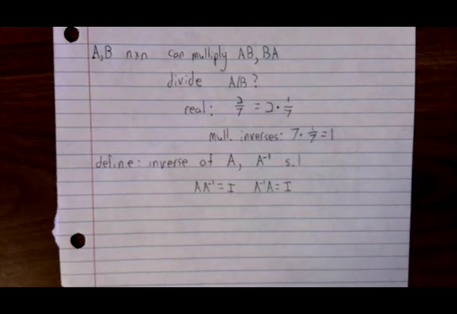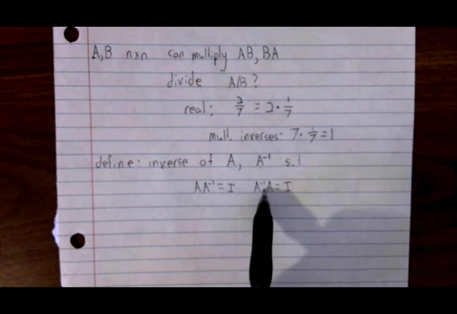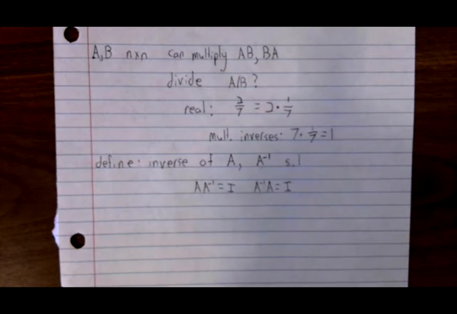Remember that matrix multiplication is not commutative, so these would normally be different, but here they're both the identity matrix.